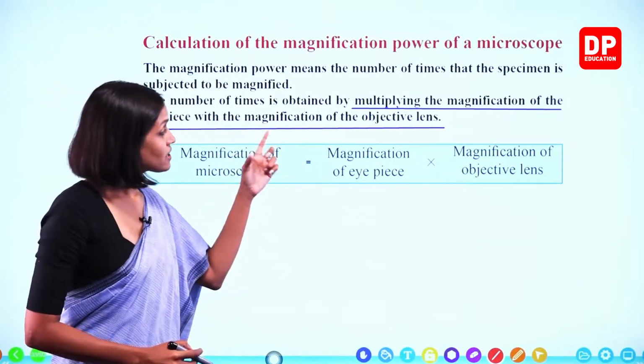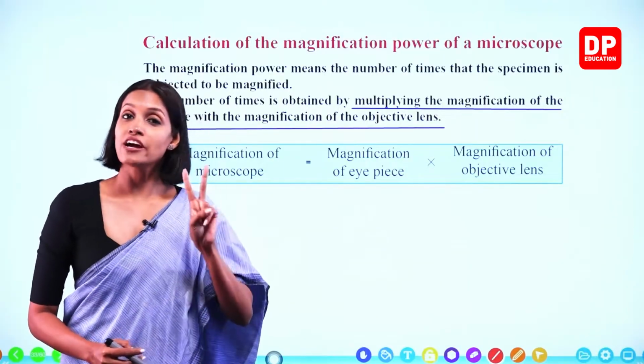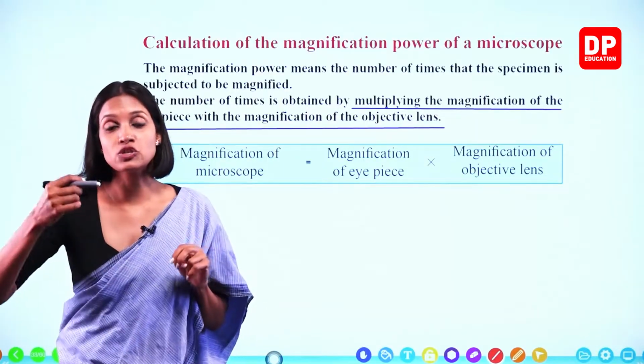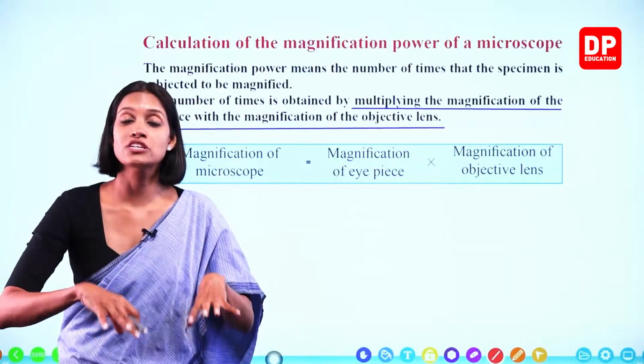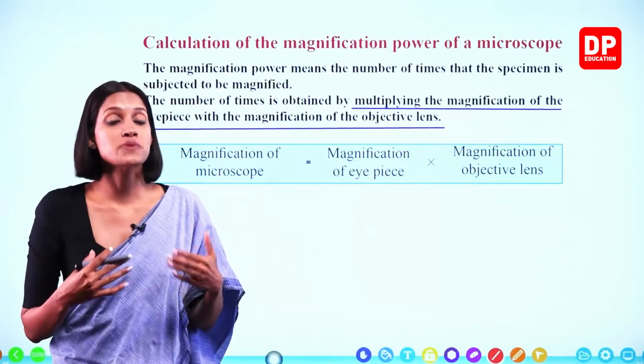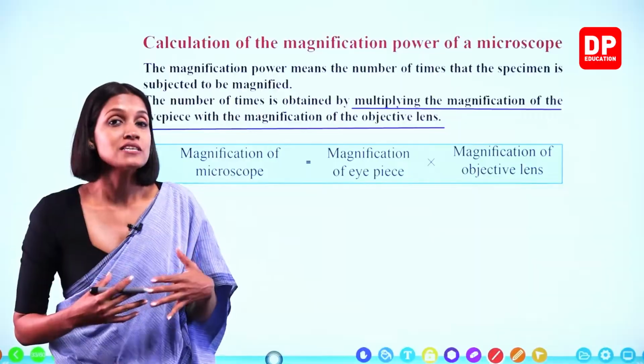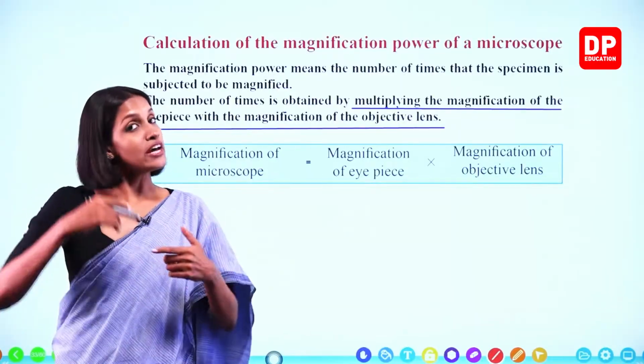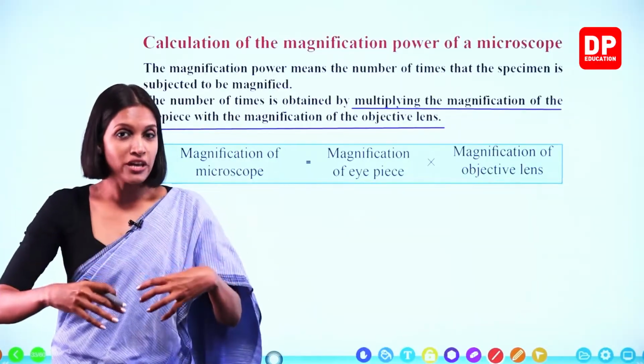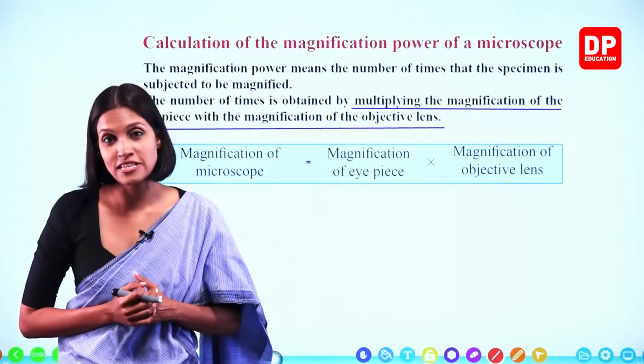Right? In a compound light microscope, there are two lenses. One is closer to the eye, the other one is closer to the object or the specimen, which means the specimen gets magnified 2 times, first by the objective, then by the eyepiece.